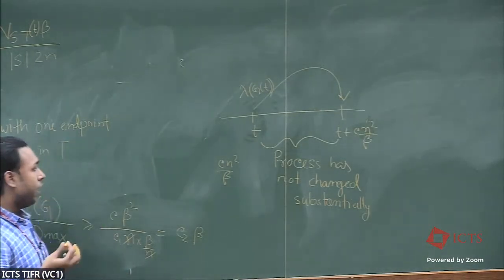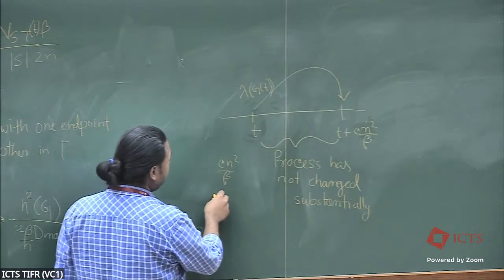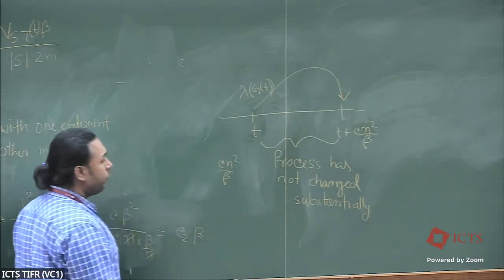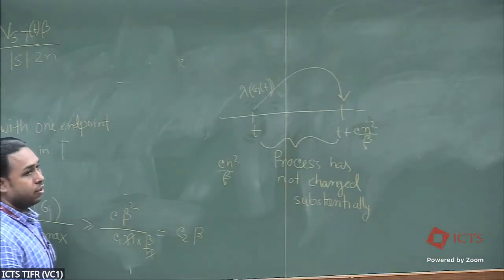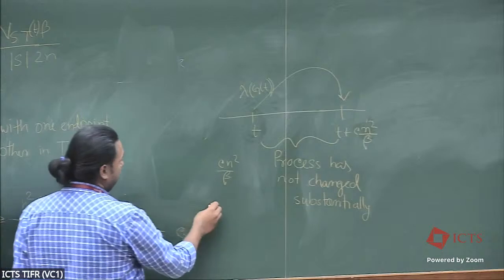We can prove that, and from that the mixing time bounds and the consensus time bounds follow for large beta.